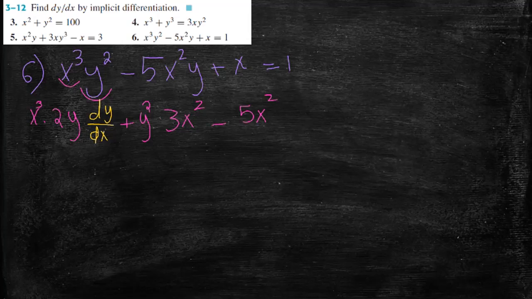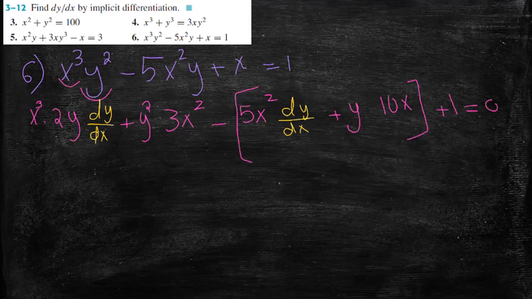What is the derivative of y? 1 times dy over dx, plus y times the derivative of 5x squared, which is 10x. Plus the derivative of x is 1. And the derivative of 1 is 0.